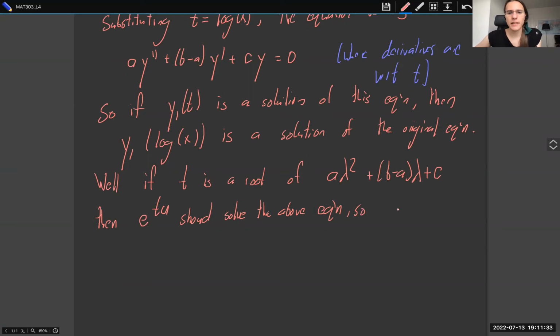So when we substitute this, e to the t log x is equal to x to the t, should be a solution of the original equation.